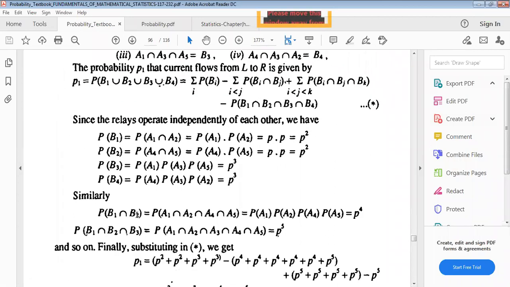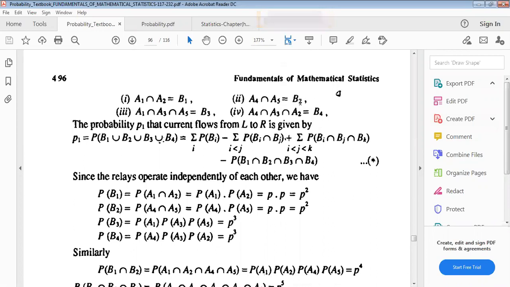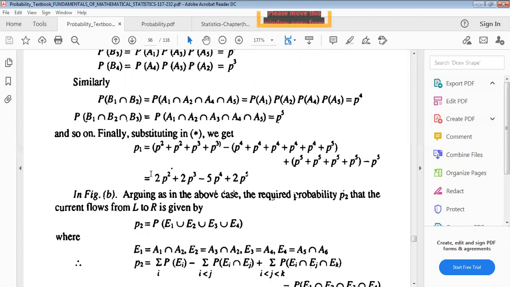Similarly, probability of B1 intersection B2 equals probability of A1 to A5 intersection. Intersection means multiplication, so this equals P to the fourth. Then B1, B2, B3 intersection means A1, A2, A3, A4, A5, P to the fifth, and so on.